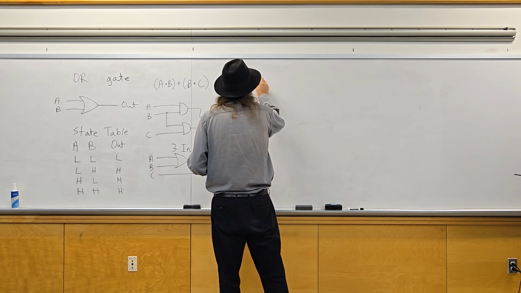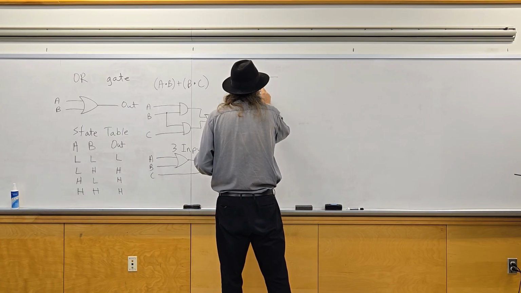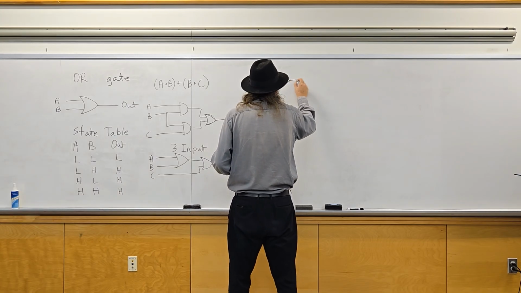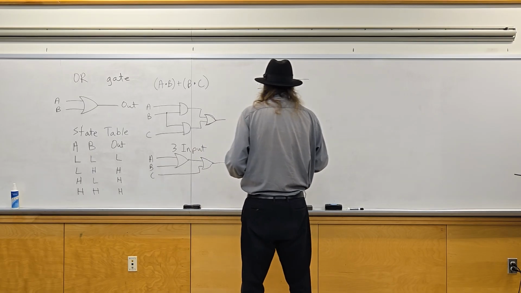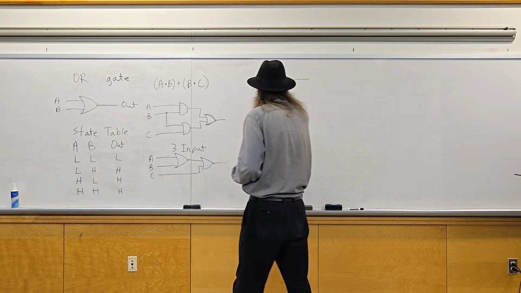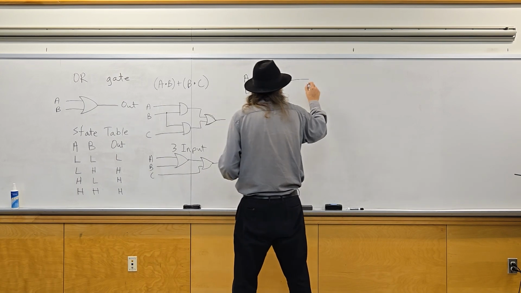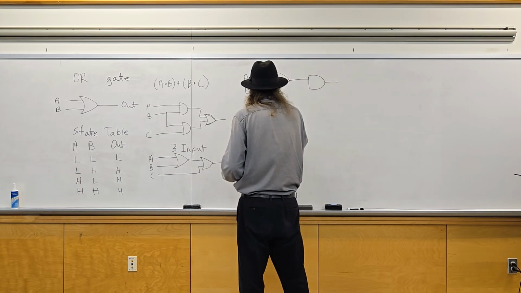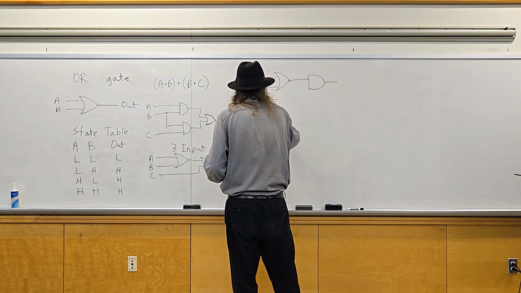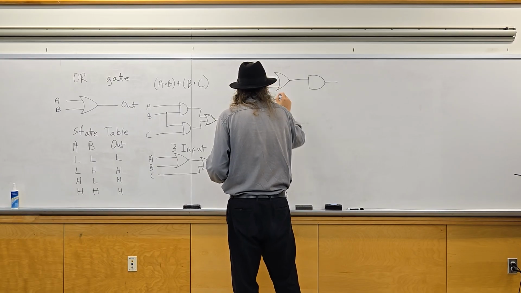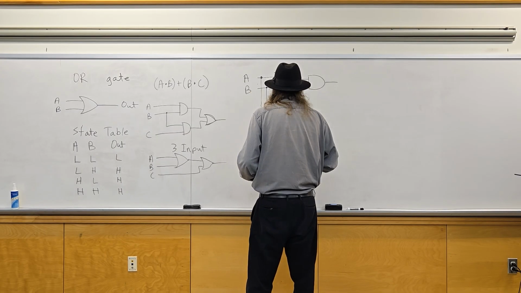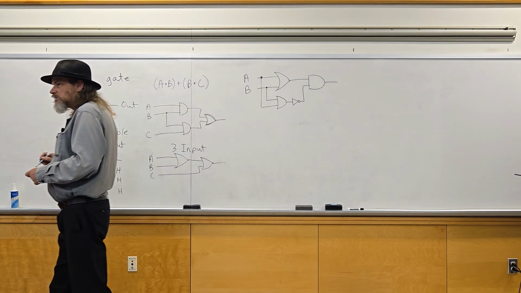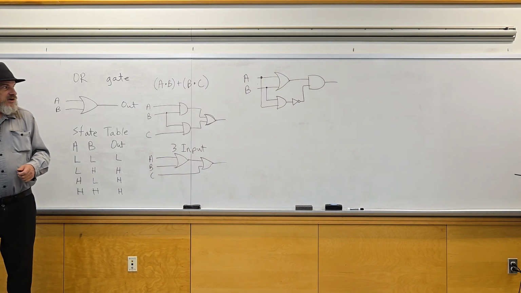If you have A or B, and not A and B, what would the state table look like for that?